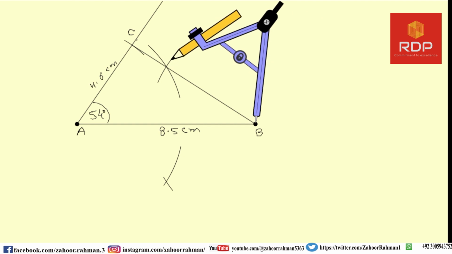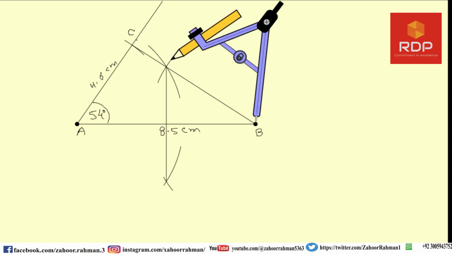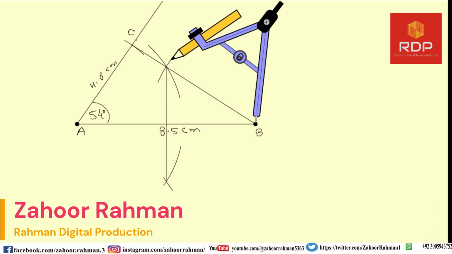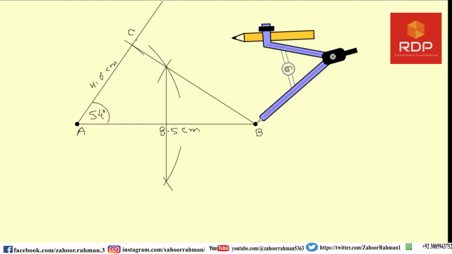So we have to connect this point with a straight line, and that will be from here to here. Okay, so now we have to make the second one, and that is the perpendicular bisector of BC line.